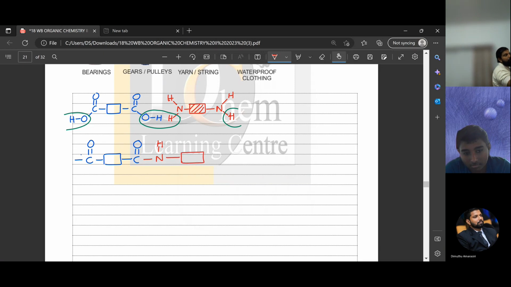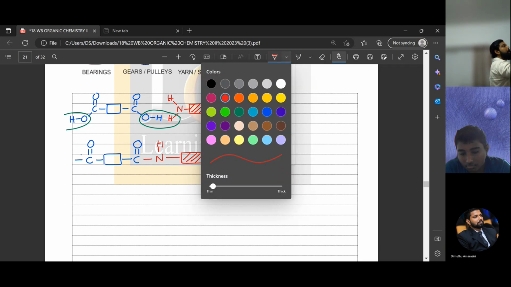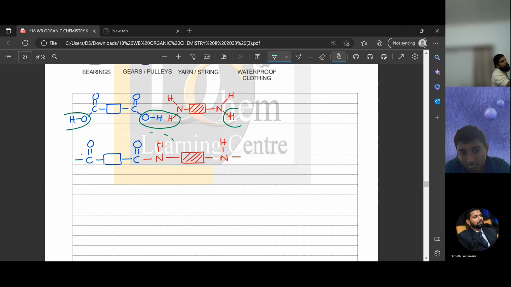What you guys have to remember especially is the amide link. Understand the amide linkage: a carbon-oxygen double bond and a nitrogen-hydrogen single bond. This is called the amide link.